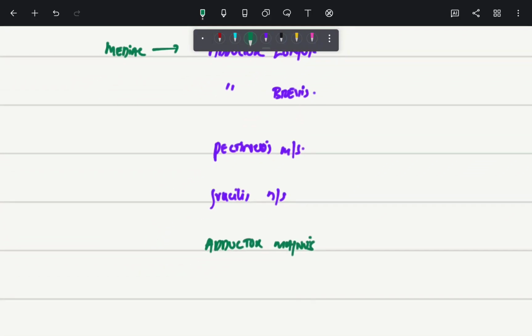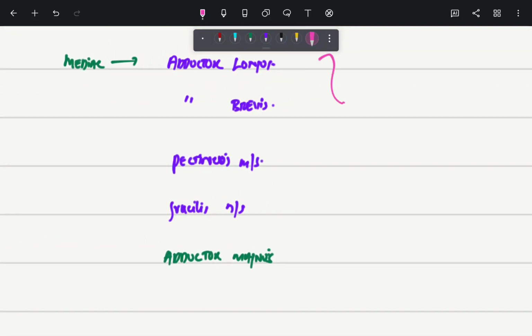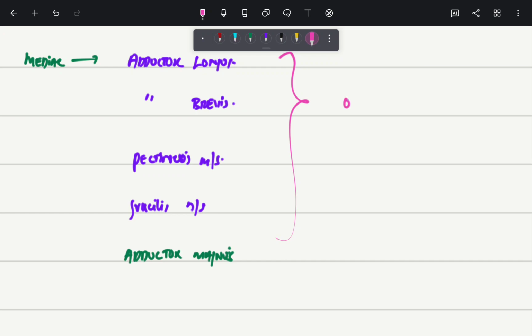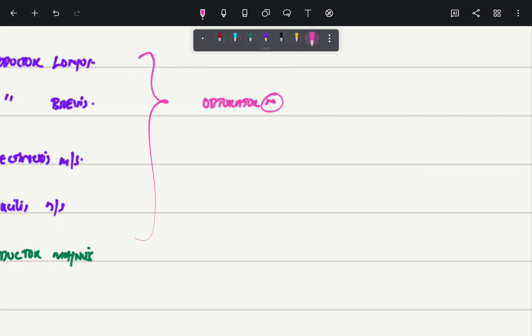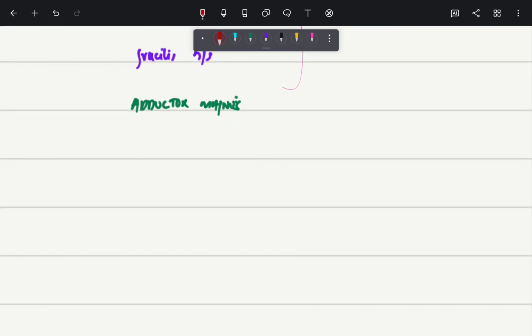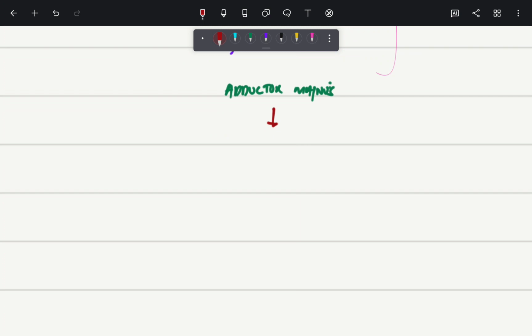All the medial compartment muscles are supplied by which nerve? Your obturator nerve, which usually comes from the anterior division of the lumbar plexus, usually L2, L3 and L4. I hope you are clear with this. The only exception here is your adductor magnus hamstring part.